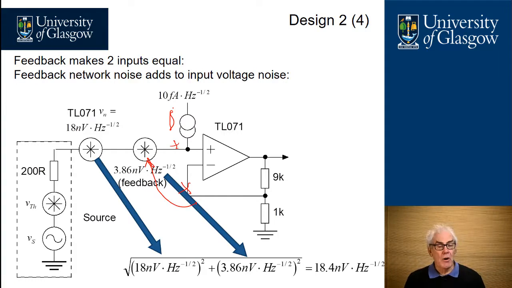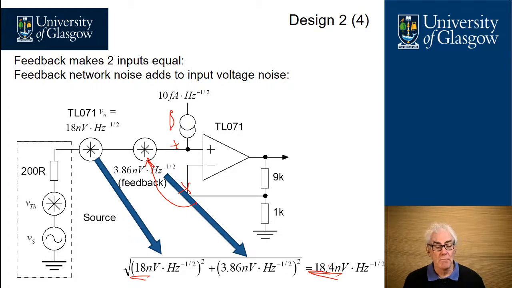Calculating out the effect of both of these noises, because they are uncorrelated, they are both random numbers, we have to take the square of them, and the square of the 18 nanovolts per root hertz from the amplifier and the 3.86 nanovolts per root hertz attributed to the noise appearing at the inverting input of the amplifier gives us a total of 18.4 nanovolts per root hertz.